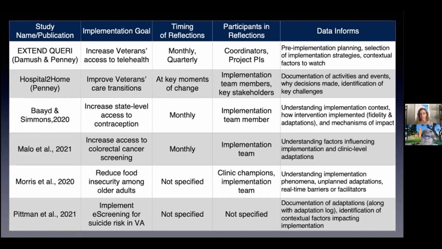And again, contextual factors impacting implementation. So you can see, if you look at the implementation goal, each of these studies has tailored the periodic reflections to meet the needs of their study in terms of the timing, who's participating, and then how they intend to use the data. So I thought that was really nice to see.